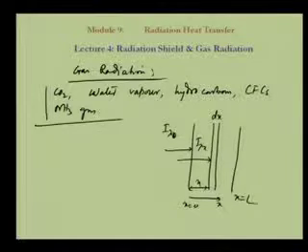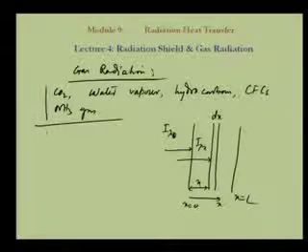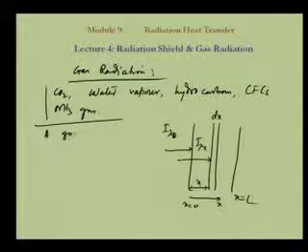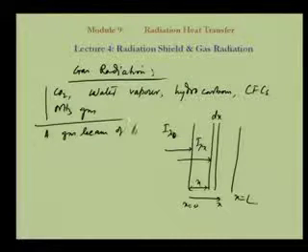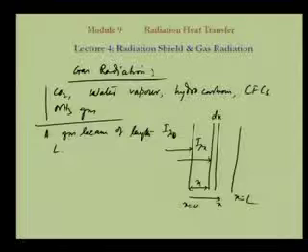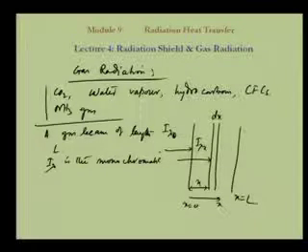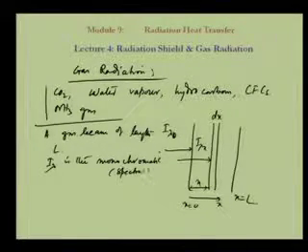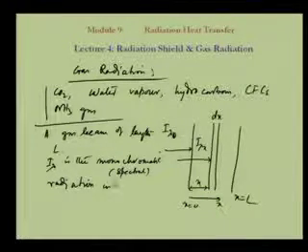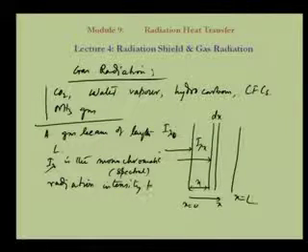So we are considering a gas beam of length L, and I lambda is the monochromatic, also called spectral, radiation intensity falling on the gas beam.